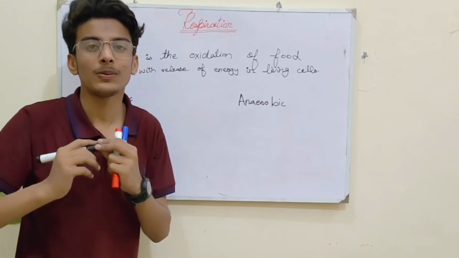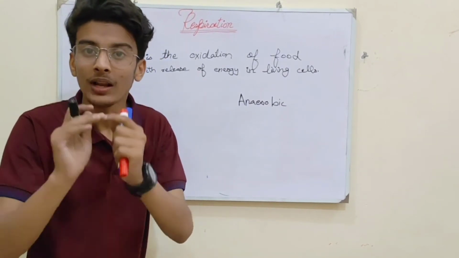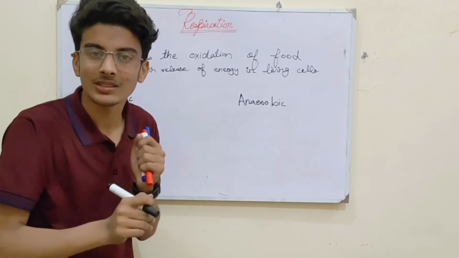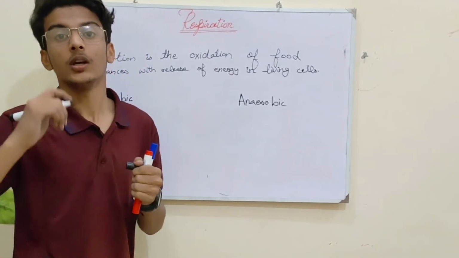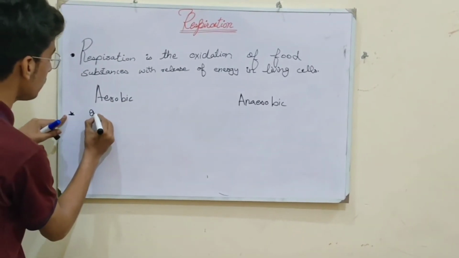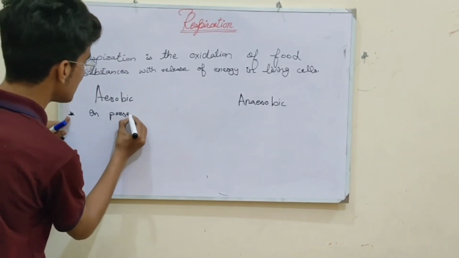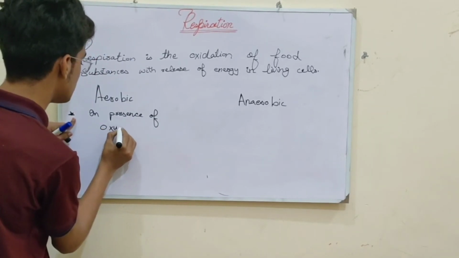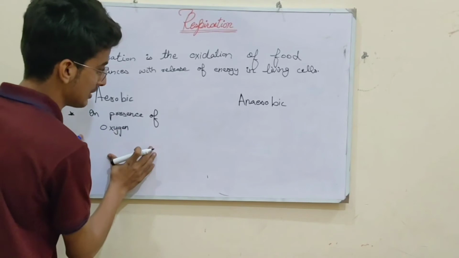In aerobic respiration, we learned that it is the breakdown of food substances in the presence of oxygen with release of energy. The main point here is in the presence of oxygen.